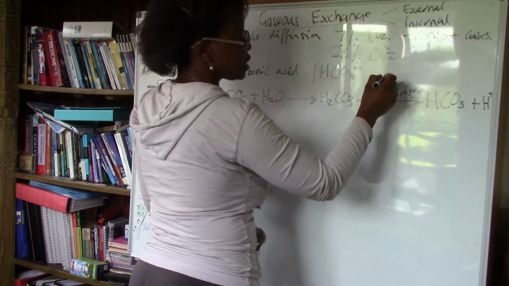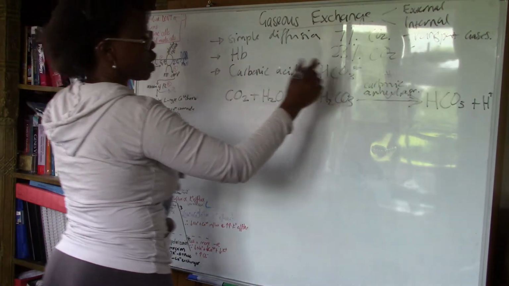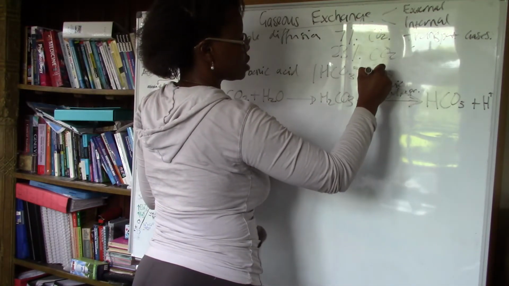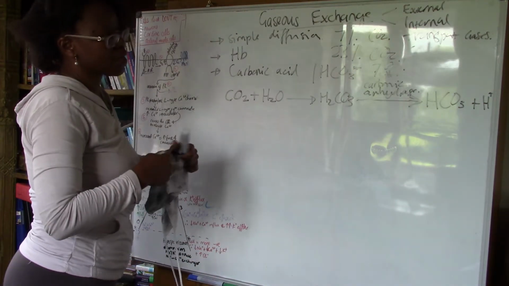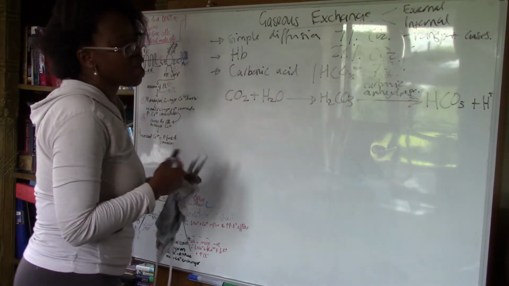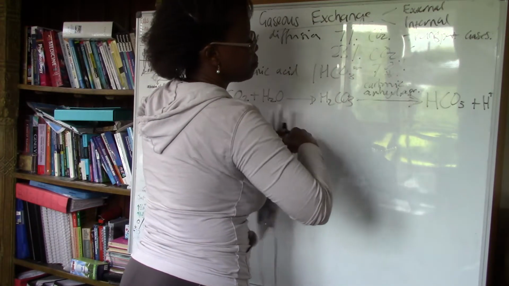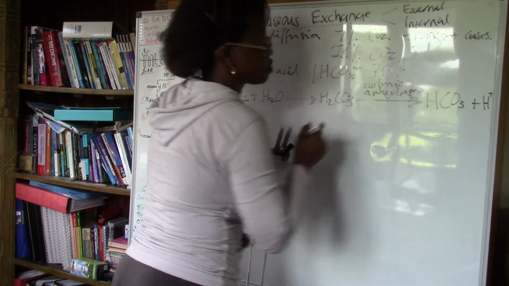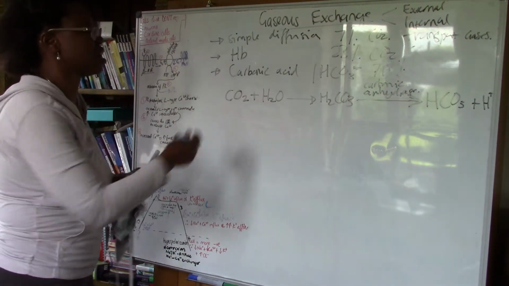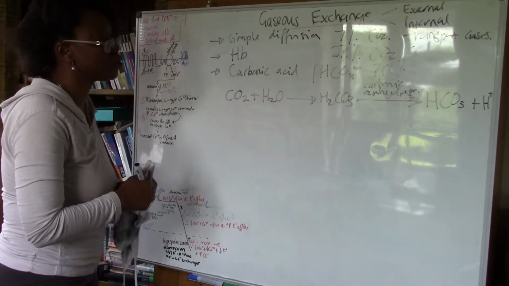So this enzyme is readily available, and this is why this system actually transports 70% of the carbon dioxide. And because it's readily available, this is the most efficient way of transporting carbon dioxide in the body.